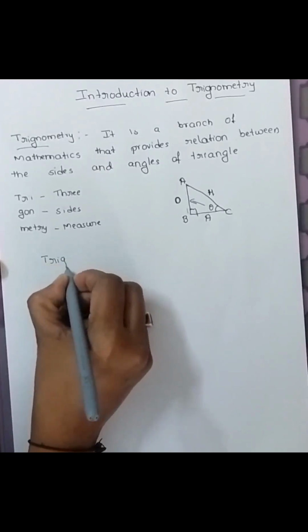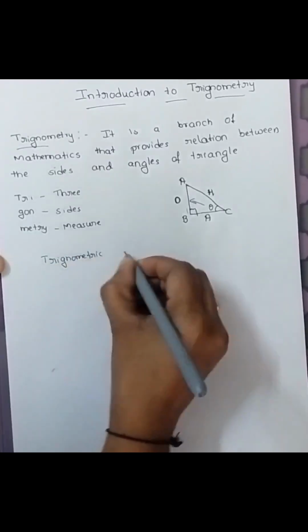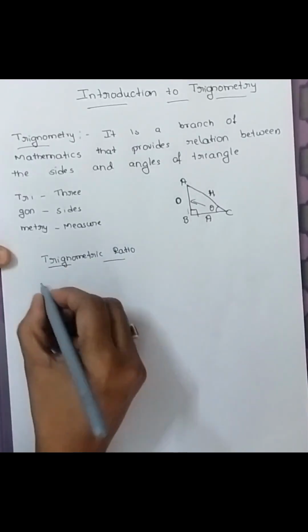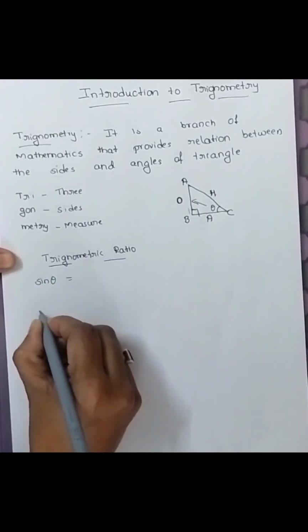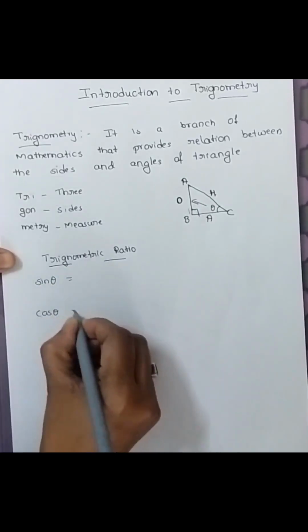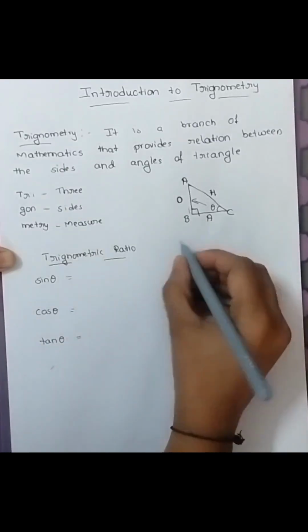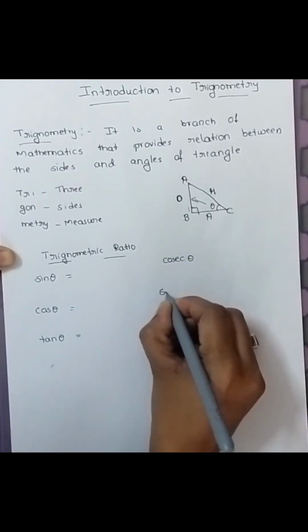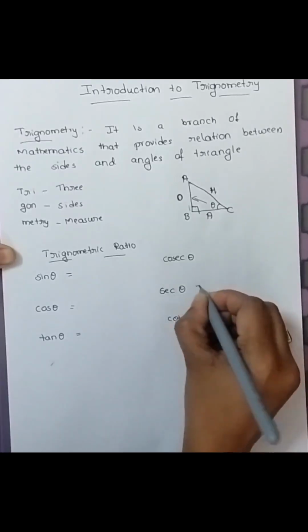So what are the different trigonometric ratios is the next question. First one is sin theta, next are cos theta and tan theta, and along with that we have some more: cosec theta, sec theta and also cot theta.